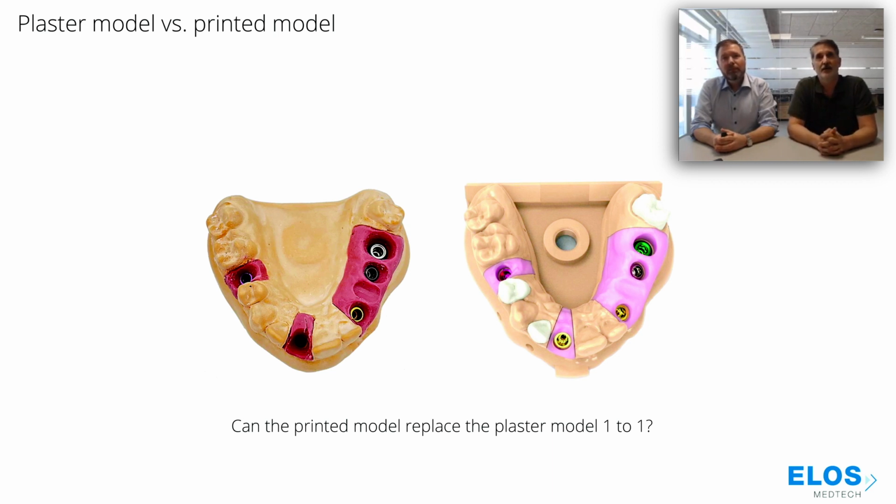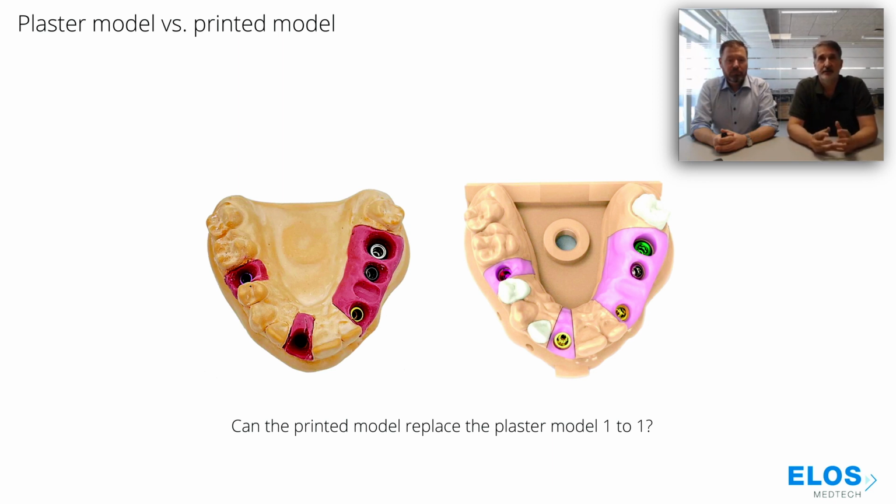Yeah. So on the other hand, we have in many cases more convenient options for digital impressions and model production today, with new materials, with different 3D printers, with different settings, and so on.